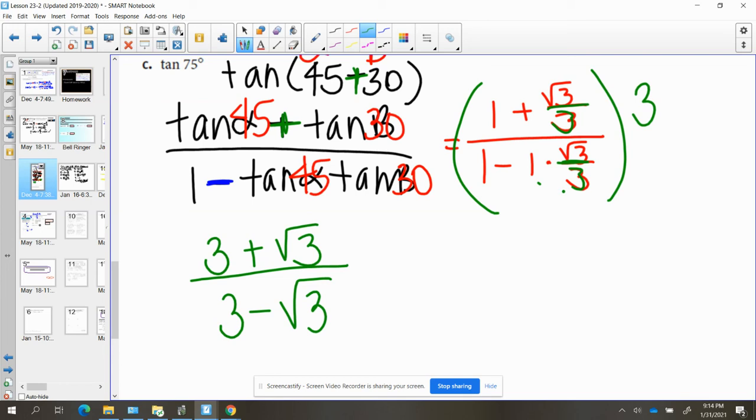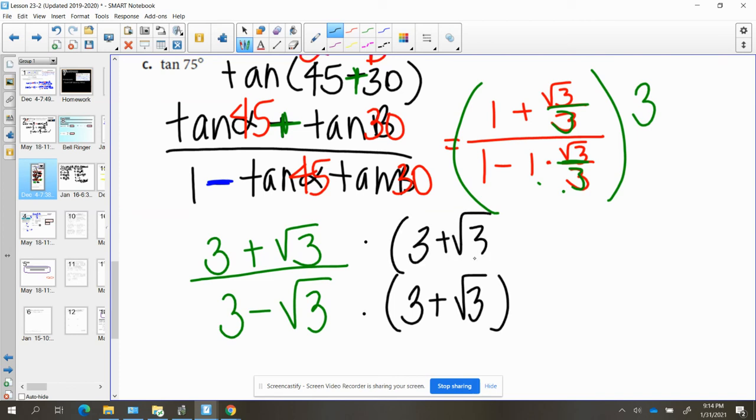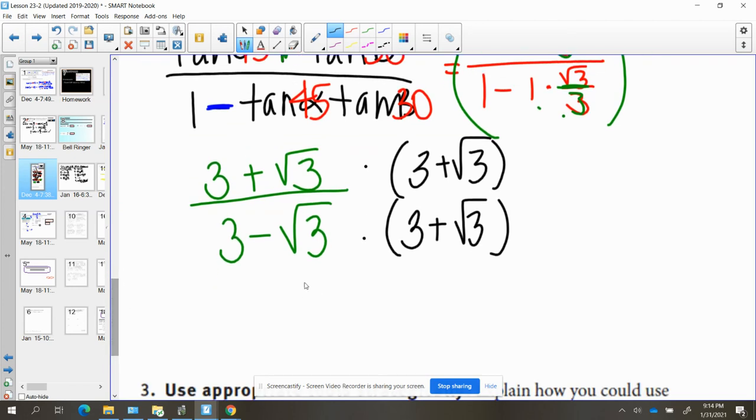But it's officially still not fully rationalized to be our final answer because we have a square root in the denominator. So the next piece of this is multiplying the top and the bottom by the conjugate of the denominator, which in this case is going to be, if we look here, we can multiply first times first, last times last.